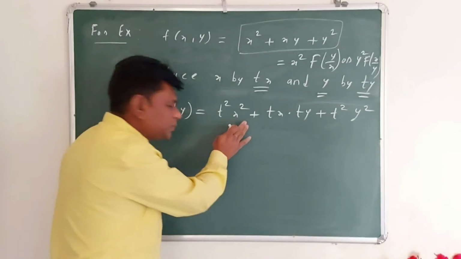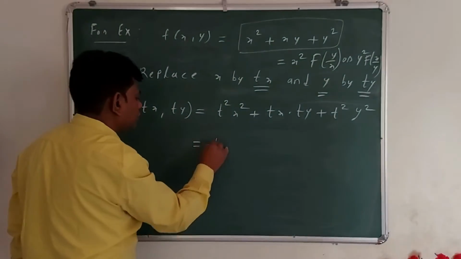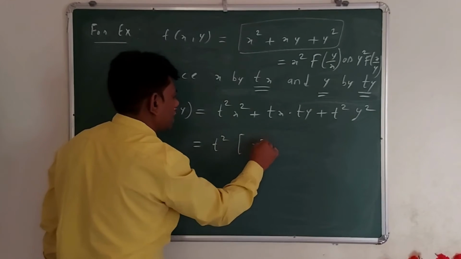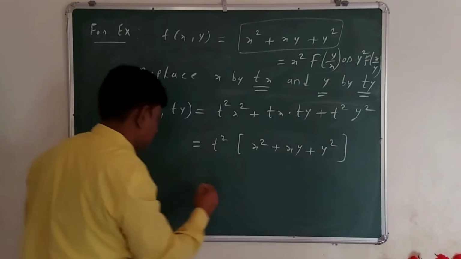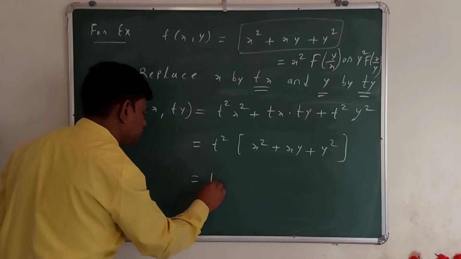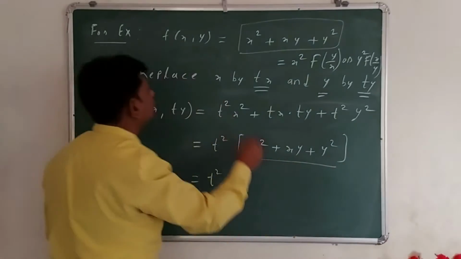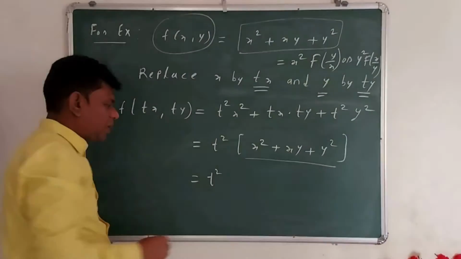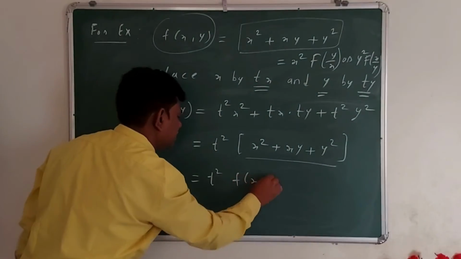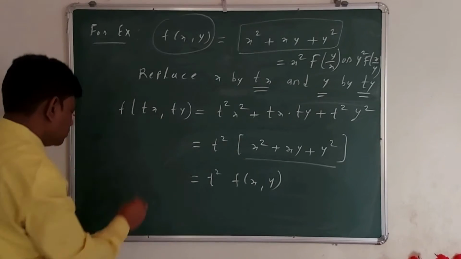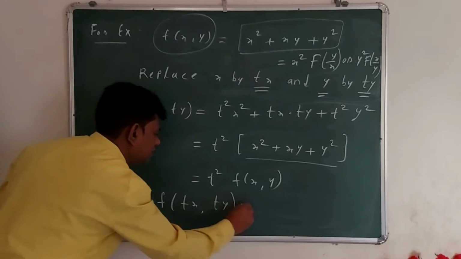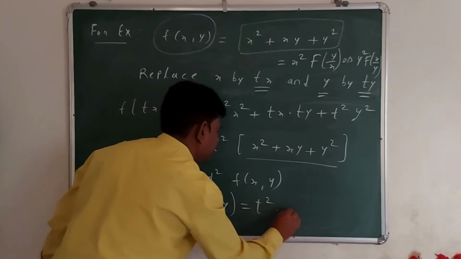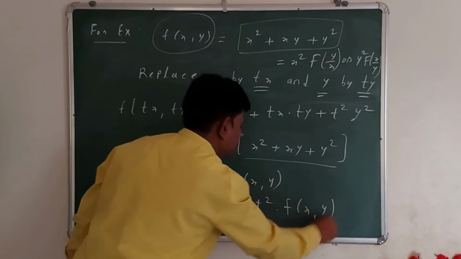Now here t square is the common term, so therefore t square times (x square plus xy plus y square). And therefore this is equal to t square, and this bracket is the original function f(x,y). Therefore we write here f(x,y). Now this f(tx,ty) is equal to t square times f(x,y).